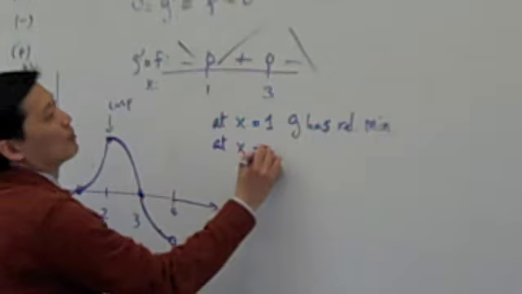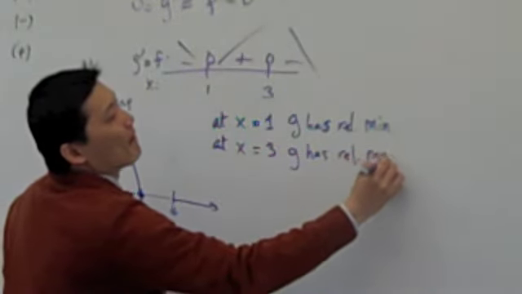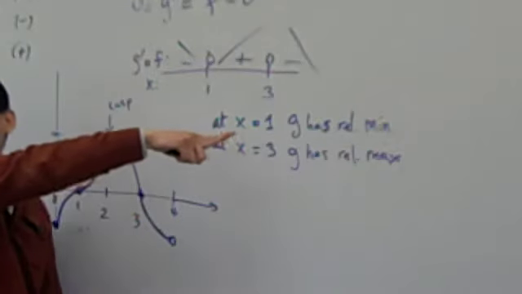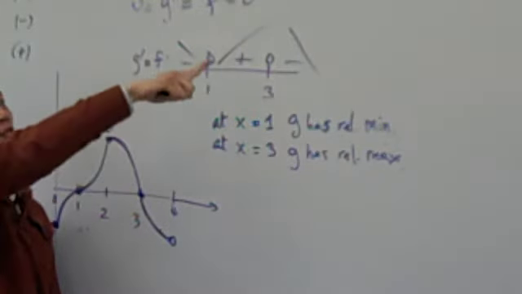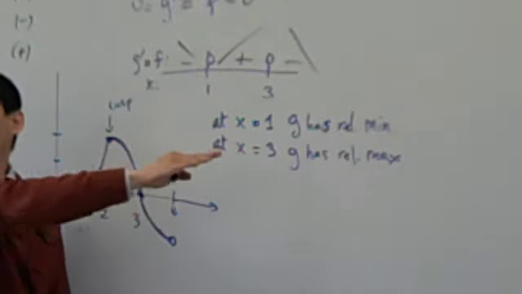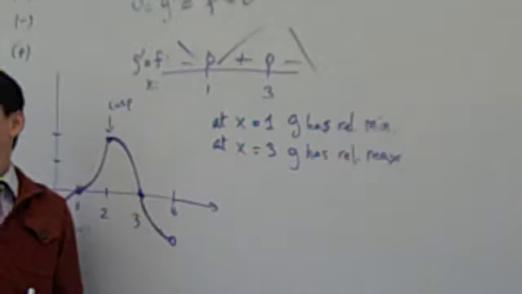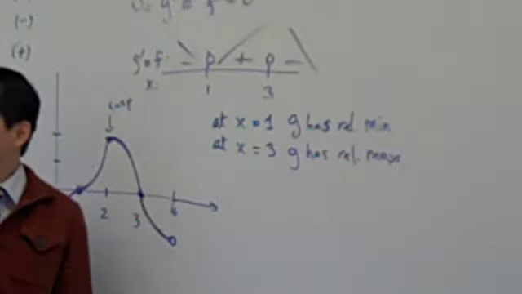At x equal to 3, g has a relative max. This is my answer. This is my justification. And I'm done with this part. And I will get all the points I need.